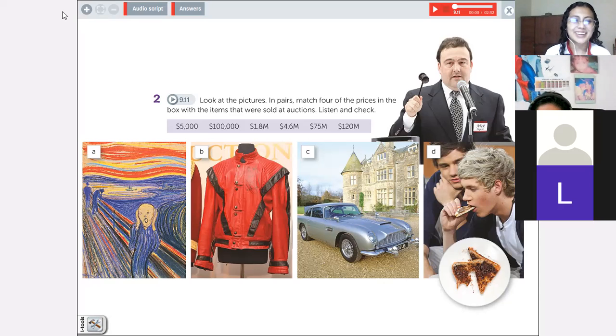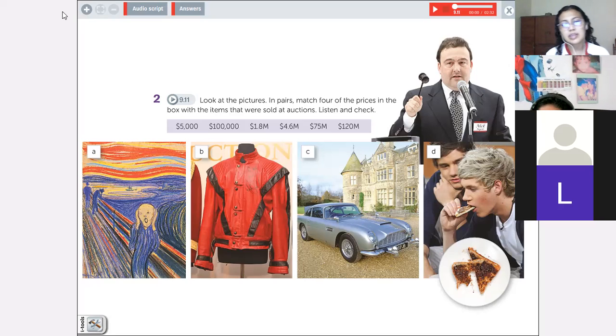Tell me the number. $120 million. Very good. $120 million. What about the B? The jacket from Thriller. $1.8 million. Very good. $1.8 million.